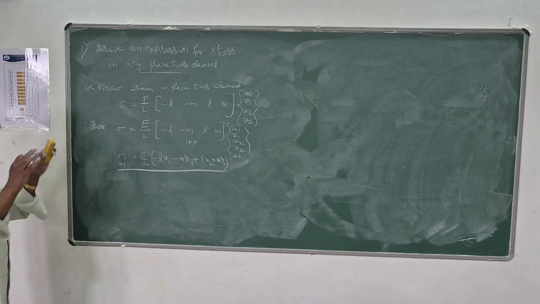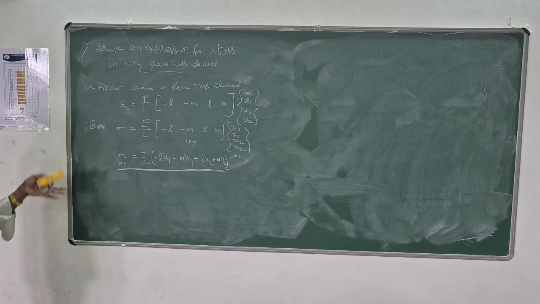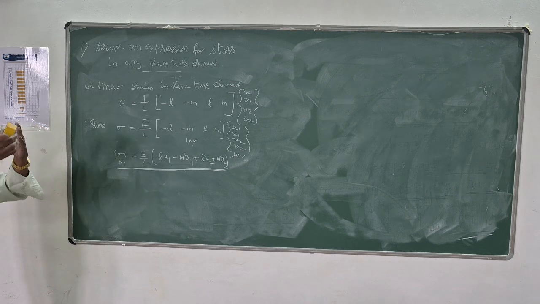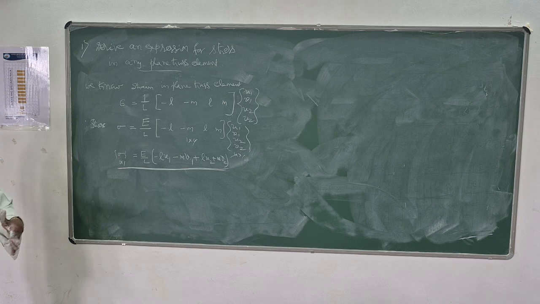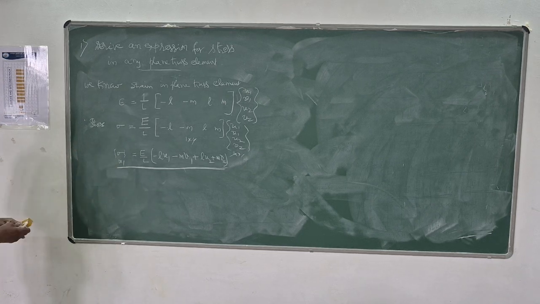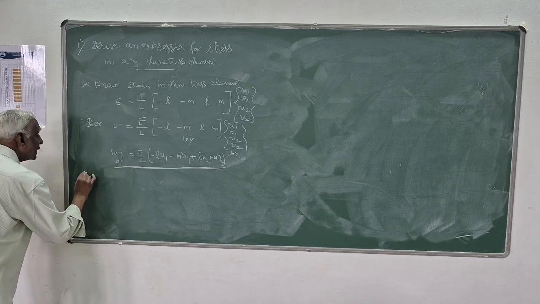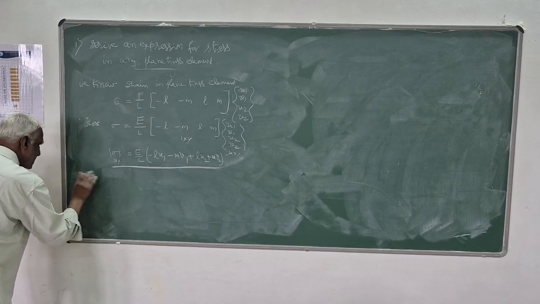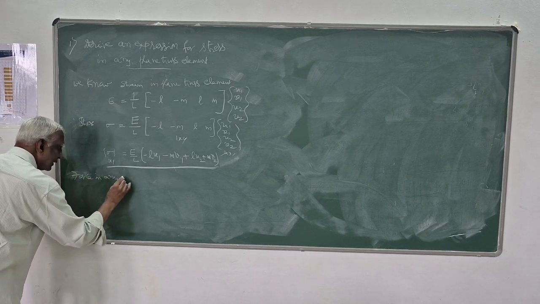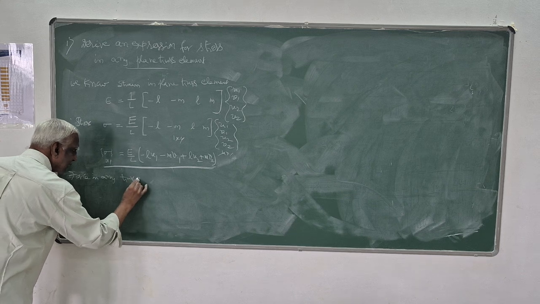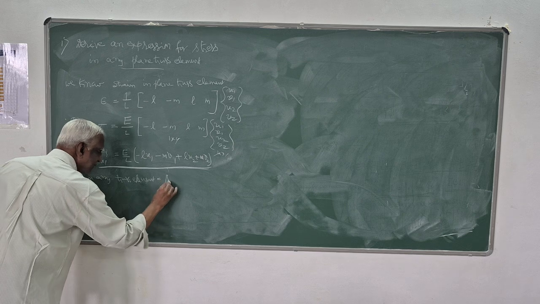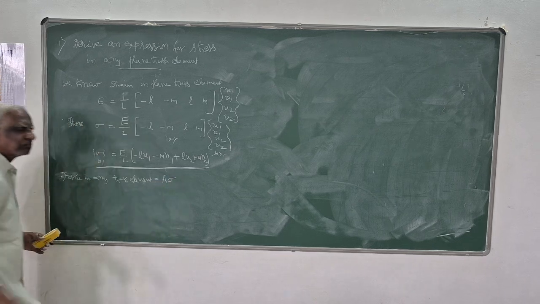Similarly, if you want to determine the forces in all the truss members, first you have to solve for displacement in the global coordinates, then you have to find the forces. Force in any truss element is equal to A into sigma.